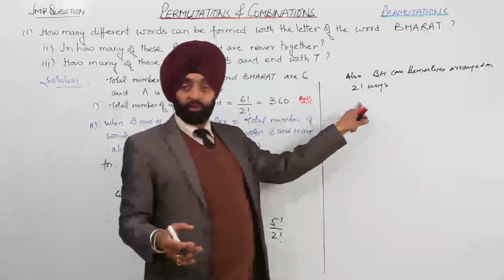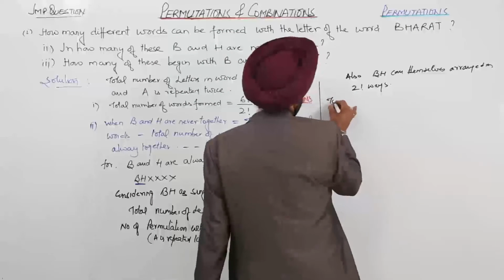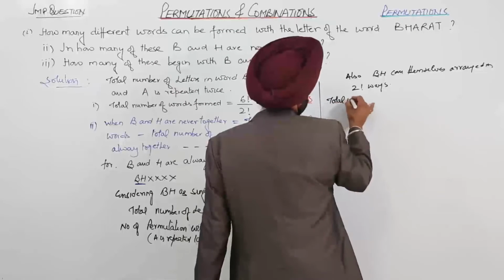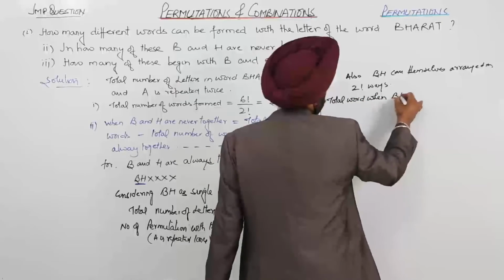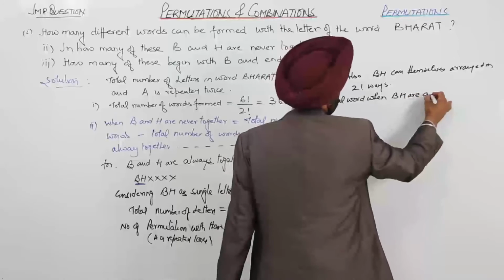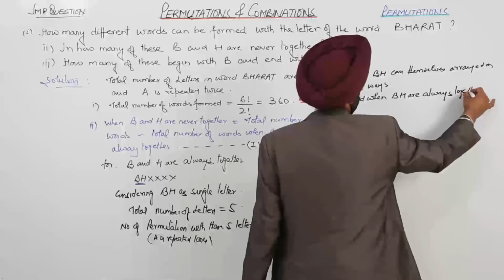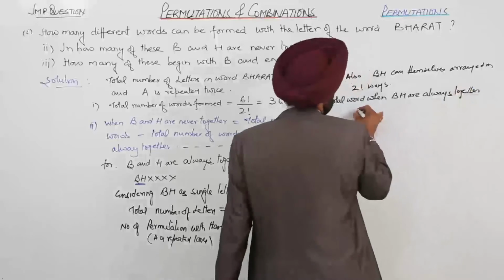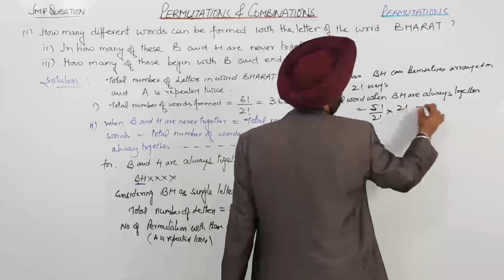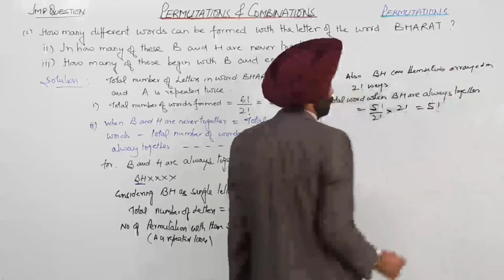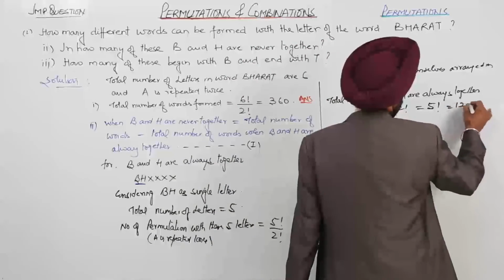That is 2 factorial. So now the total words when BH are always together is equal to 5 factorial divided by 2 factorial times 2 factorial, which is equal to 5 factorial, and 5 factorial is 120.